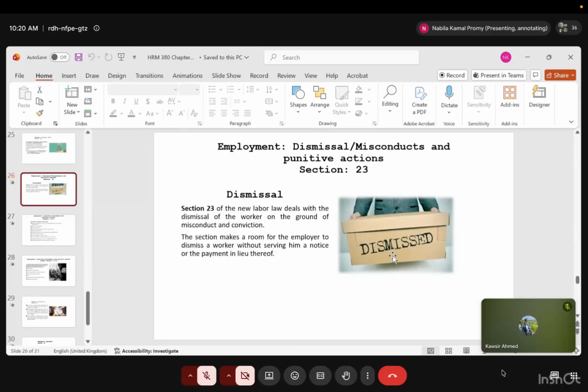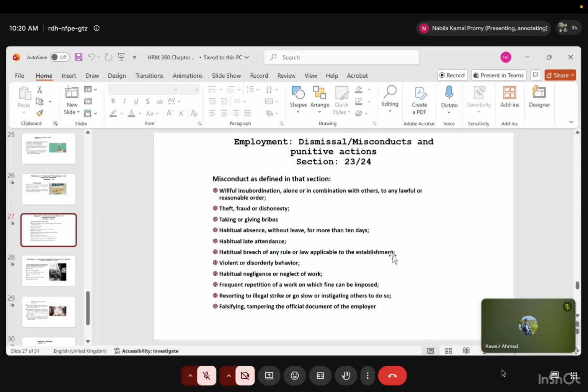The employee has made some mistake, and for that, the employer or the company has the right to instantly dismiss or terminate the employee. Now, what type of misconduct will be considered for dismissing an employee? What kind of mistake gives a company the right to dismiss an employee, the Labour Law again specifically defines those.